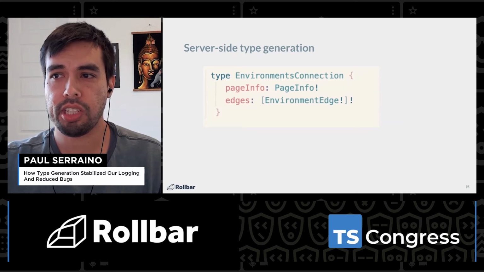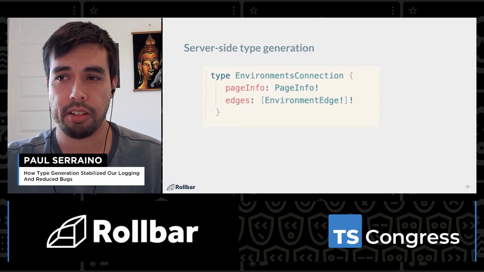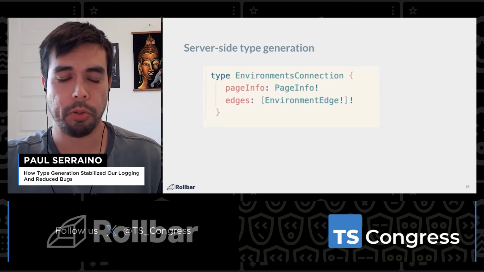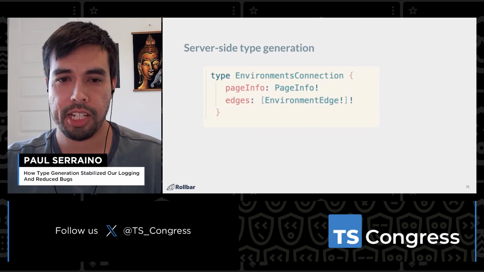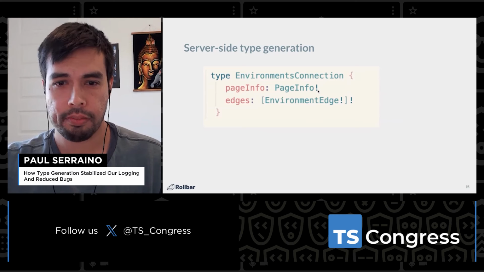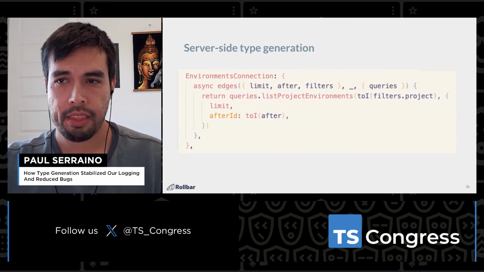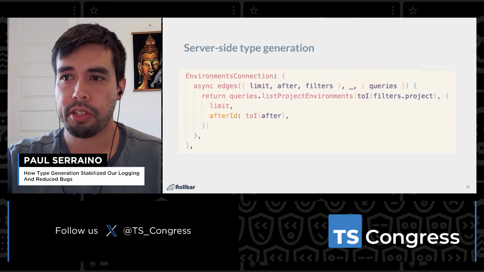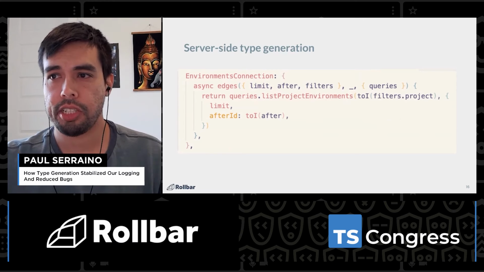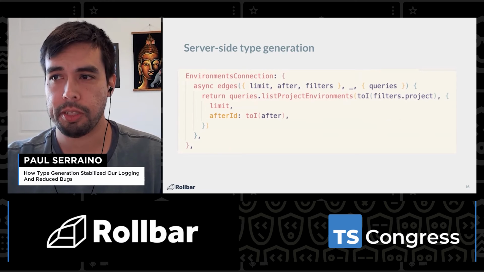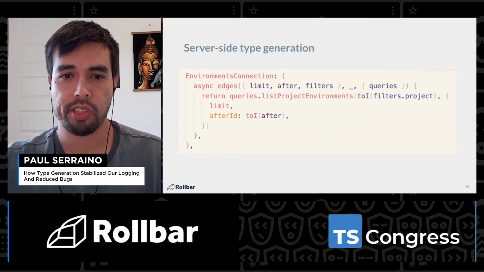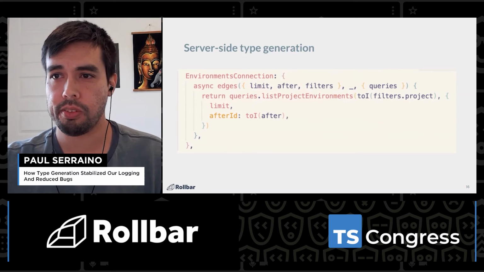Using the connection edge nomenclature is sometimes common in GraphQL when representing paginated lists of data. The resolver for this connection simply fetches from the project environments database and returns a list of environments.